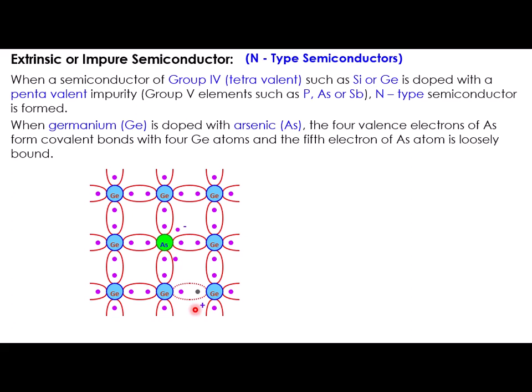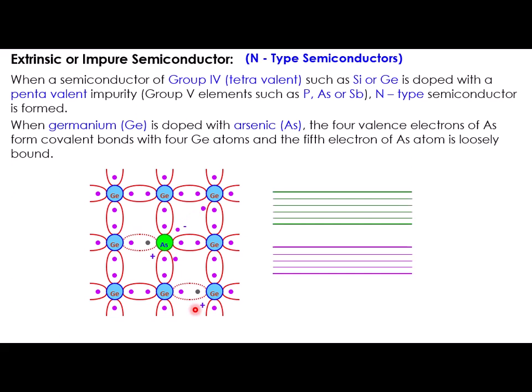Now, in terms of band diagram, if you want to see, this is the band diagram. This is the valence band, this is the conduction band, and the band gap between the valence band and conduction band is 0.74 electron volt, which is equal to the band gap energy of the germanium semiconductor.